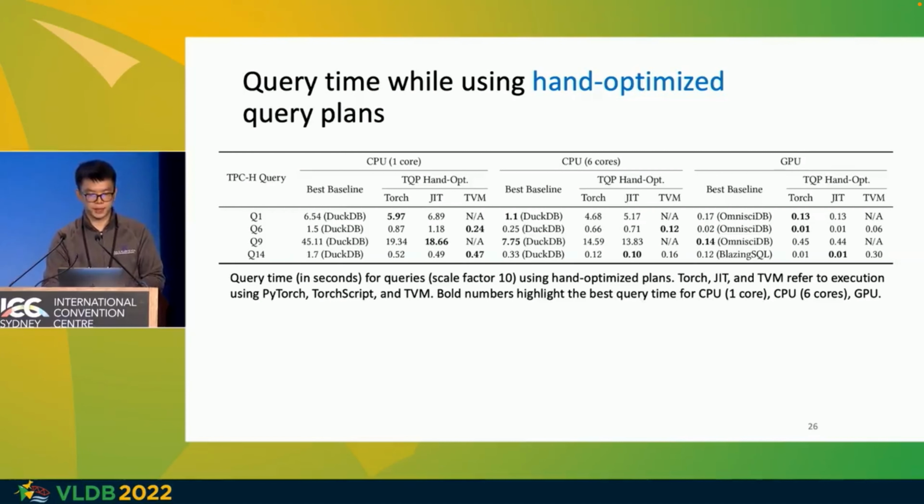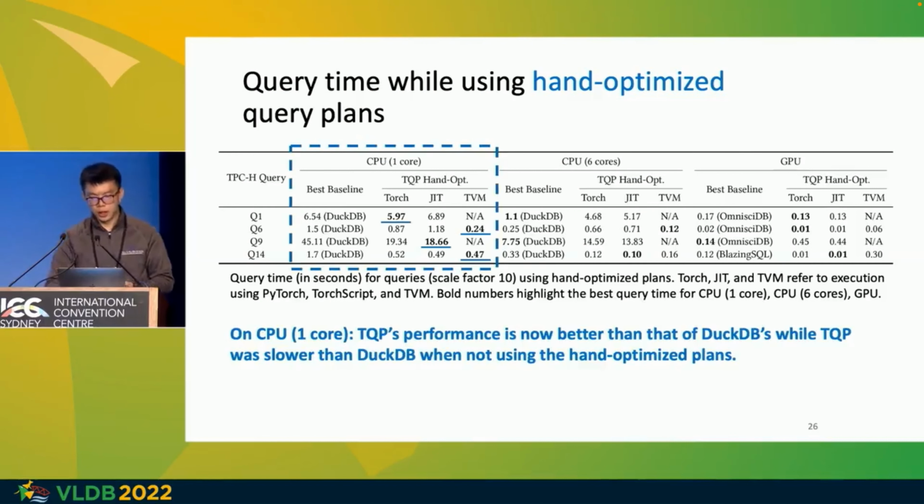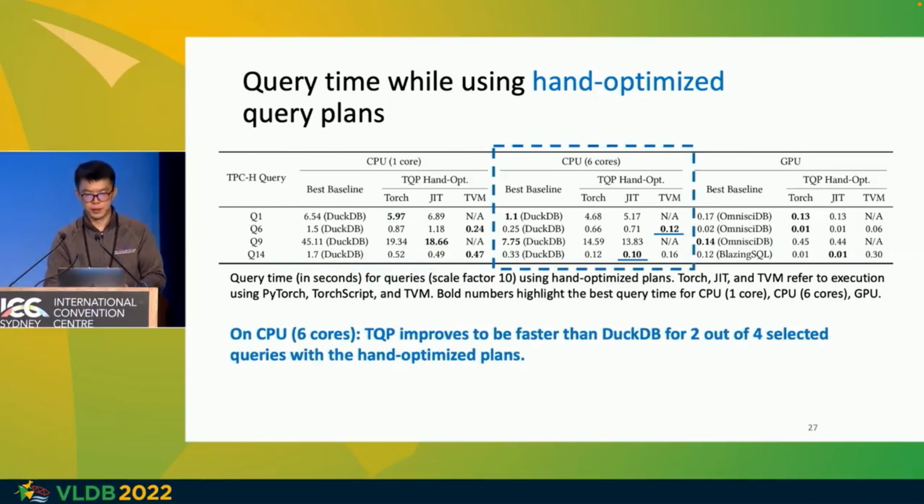Both numbers highlight the best performance for CPU 1 core, CPU 6 cores, and GPU. On CPU 1 core, with the hand-optimized plans, TQP's performance is now better than DuckDB, while TQP was slower than DuckDB without the hand-optimized plans. On CPU 6 cores, TQP improves to be faster than DuckDB for 2 out of the 4 selected queries with the hand-optimized plans.